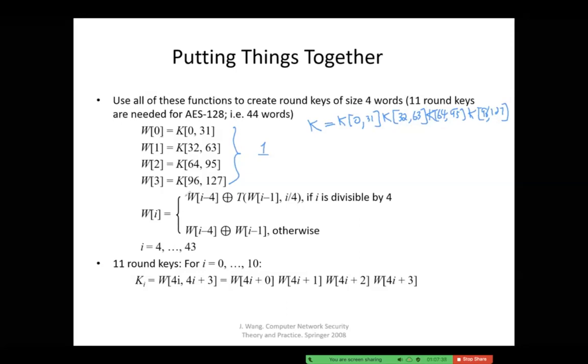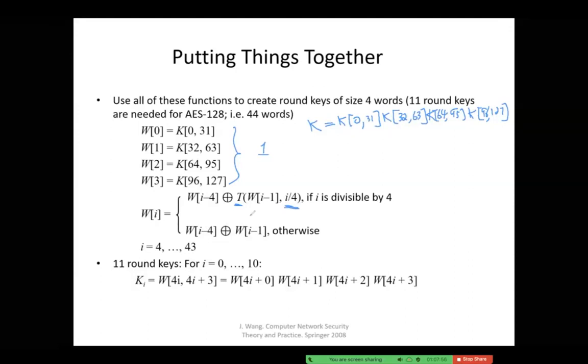So this is how it is defined. W_i is equal to W_{i-4} exclusive OR this function T if i is divisible by 4, and this is with i divided by 4.